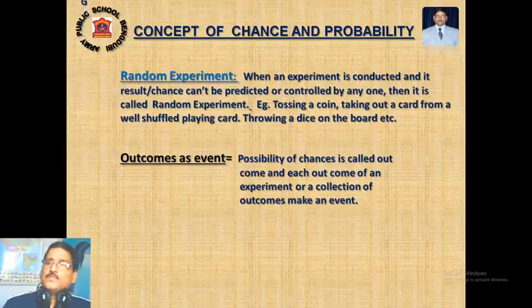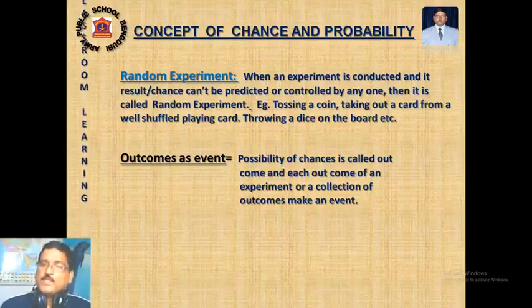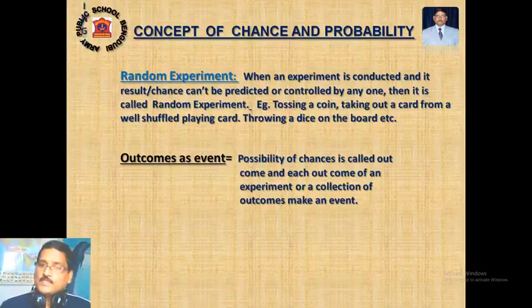Outcomes. Outcome means what? Say when a die is thrown on the floor, what are the total possibilities? It may be 1 on the top, it may be 2, 3, 4, 5, or 6. So total outcomes are 6. Out of the 6, if I expect a 3, what is the probability of 3?